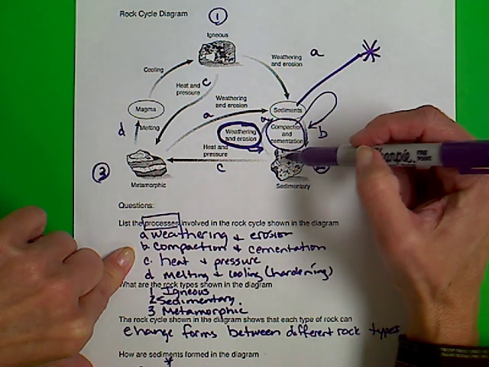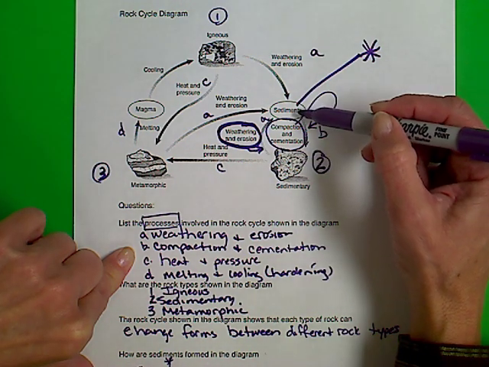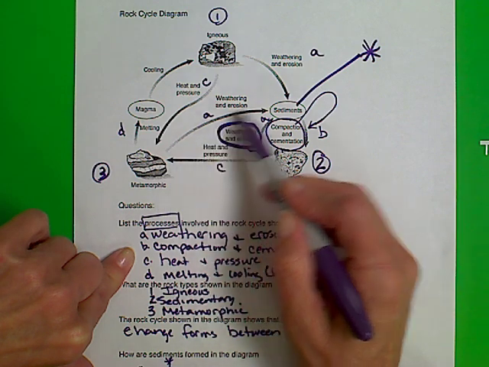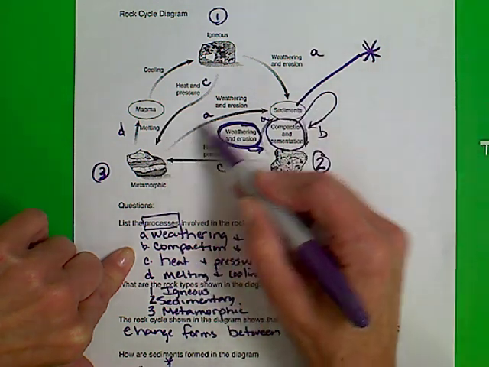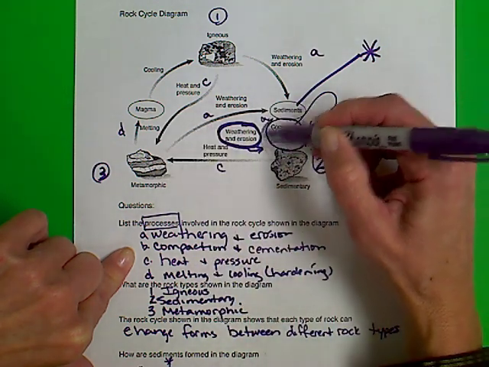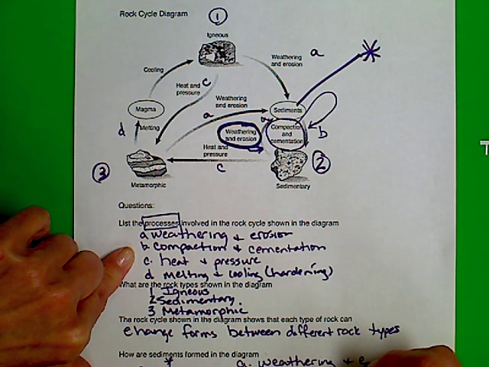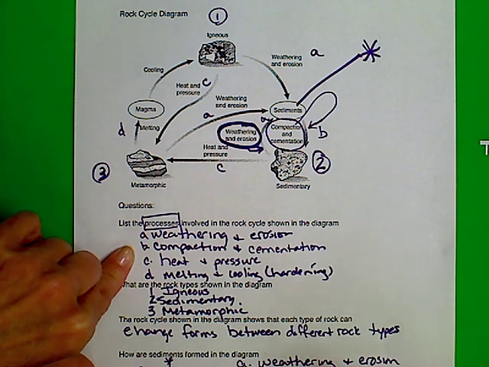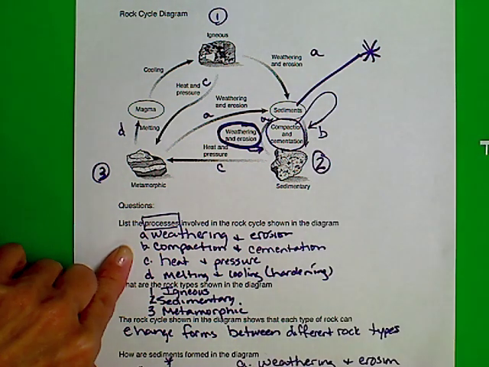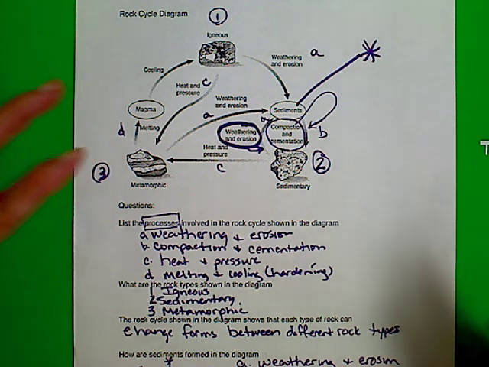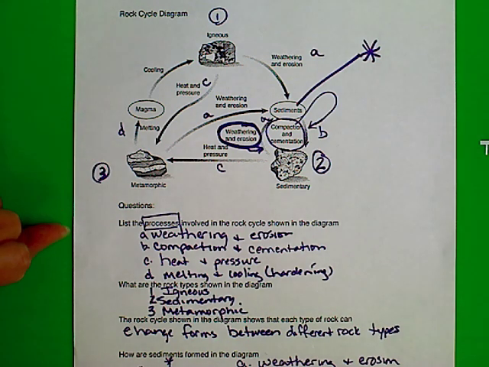If we follow our arrow from where these are formed, they are formed by A and A, weathering and erosion, and weathering and erosion. So it's process A, weathering and erosion, which makes sense because if I had said it was B, I'm going in the opposite direction. I'm actually compacting them and making them into rock.